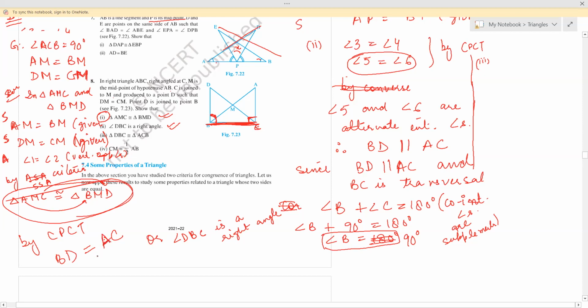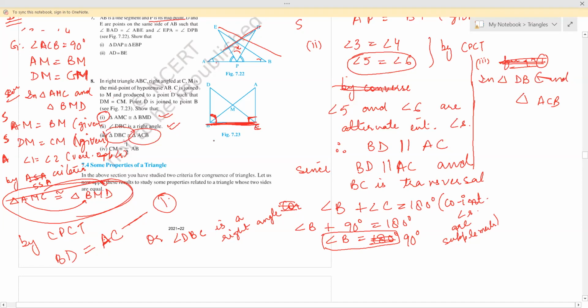So by CPCT, let me call it my equation number 1. Now from equation 1, use the two triangles, triangle DBC and triangle ACB. Use the same two triangles which are given in the question.